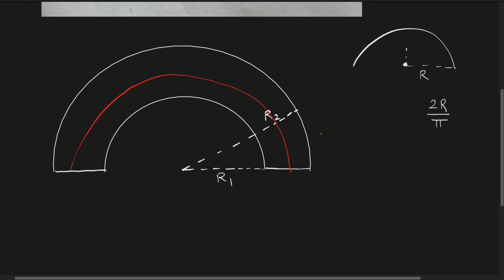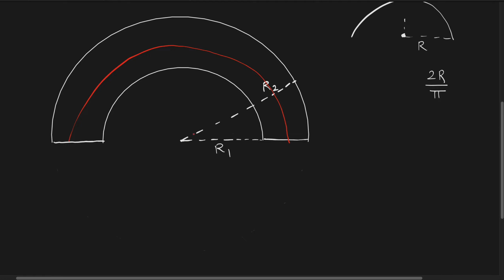Let's say the radius is small r, and I will assume that it has a very small width, let's call that dr. The width of this strip is dr, correct?